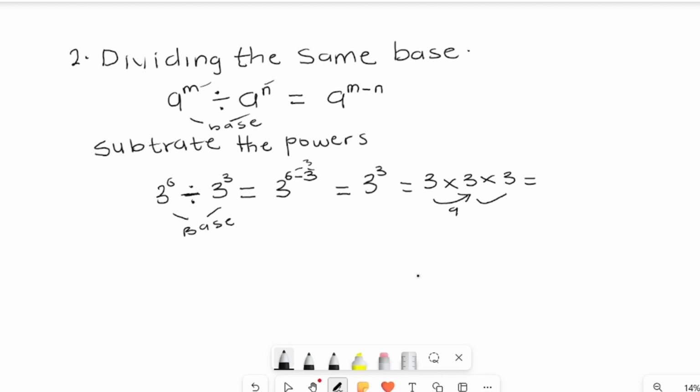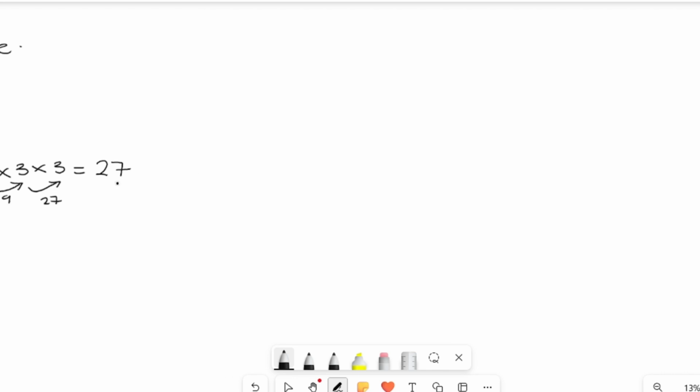And 9 times 3 is 27. So our final answer will be 27. Very simple, right? So we are done with this second law. We'll move to the next law. The next law, number 3, let's go.